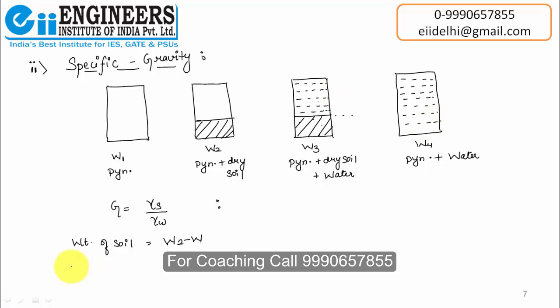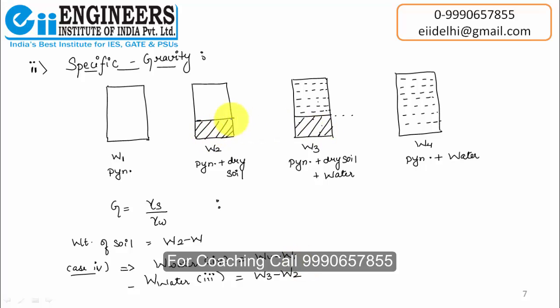If you take diagram 4, I can say that the weight of water in the fourth diagram is W4 minus W1, and the weight of water in the third case we can easily take as W3 minus W2.